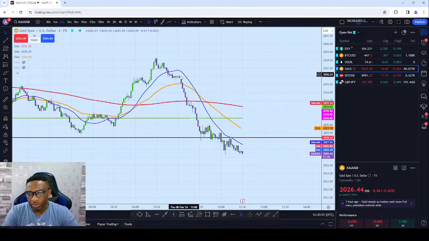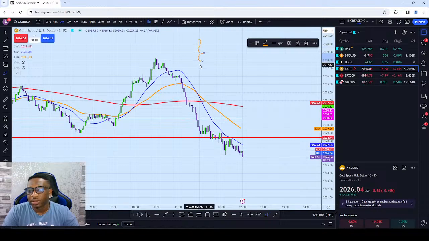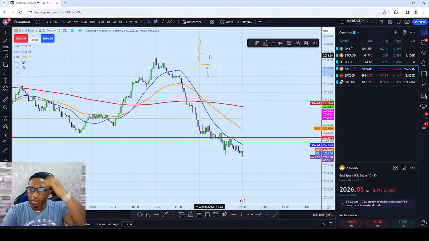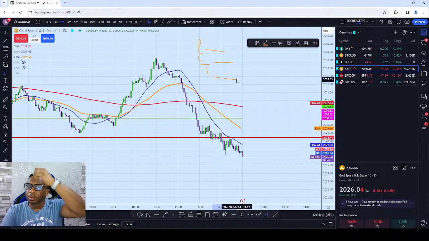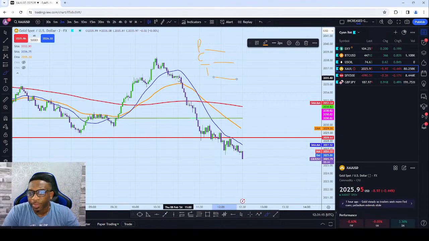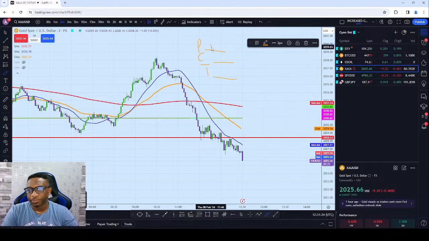If we look at how gold played out here, on this particular one, it would have passed the test. So we have P, C, T. Over here, the position is well below the moving average.